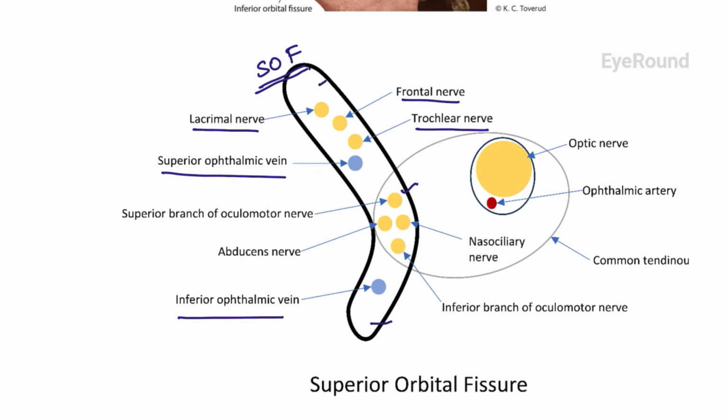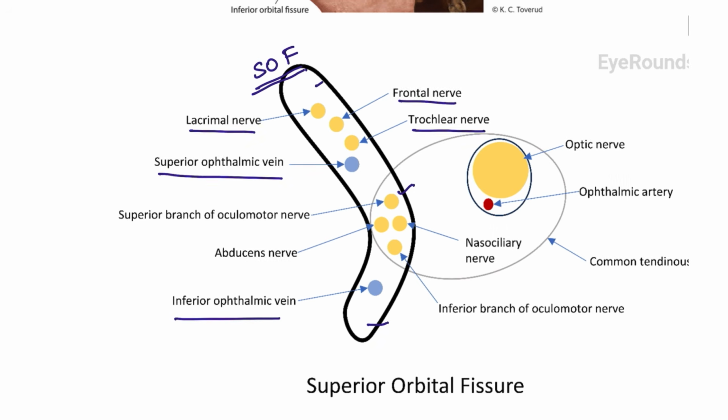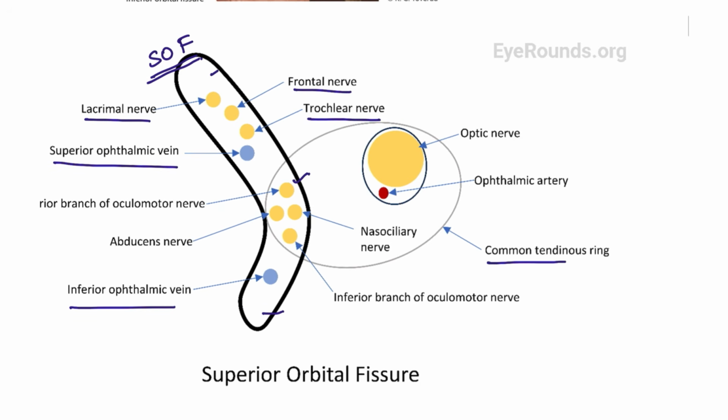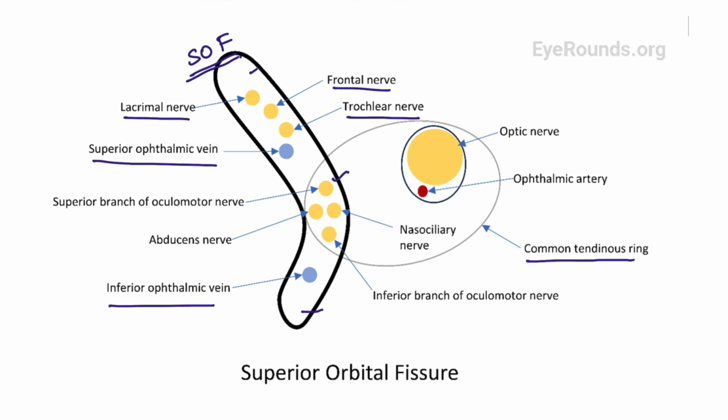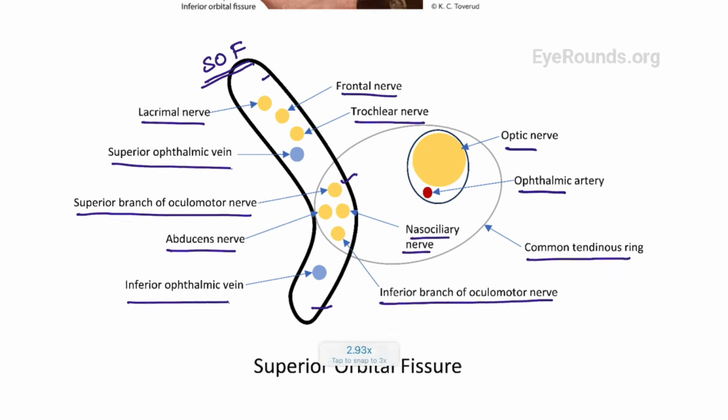But the medial compartment has a separate ring, known as the common tendinous ring. In the common tendinous ring, you have the superior branch of the oculomotor nerve, abducens nerve, nasociliary nerve, and also the inferior branch of the oculomotor nerve. Inside the tendinous ring, you also have the ophthalmic artery and the optic nerve. This is how all the contents are present in the superior orbital fissure, right?